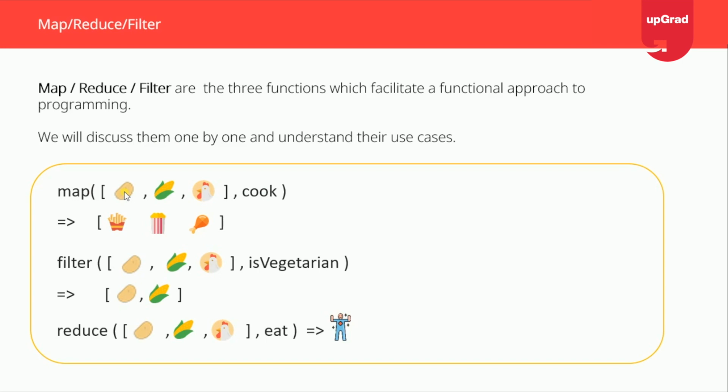So the map function generates a new list here, you can see. So for example, let's say if we cook, each item of this data will get a new item. So here we have this potato. If we cook it, we'll get French fries. If we cook, let's say, corn, we'll get some popcorn here. And similarly with this object.